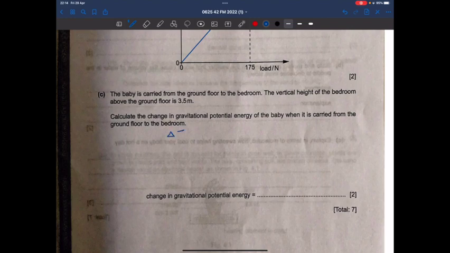The change in gravitational potential energy equals mg delta h. So once this is the law, we have mg, it's 80 Newton, times, so let me explain that. M here is 8 and g is 10. So mg means 80 times the change in height from the ground floor to the bedroom.